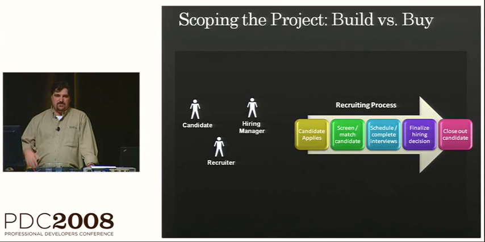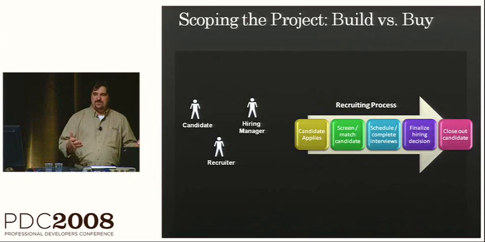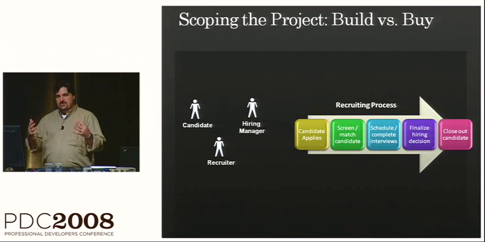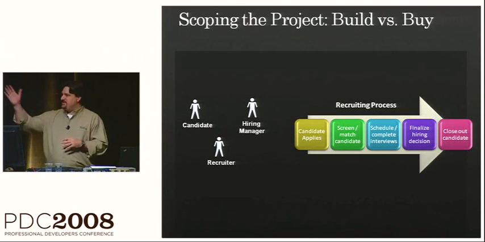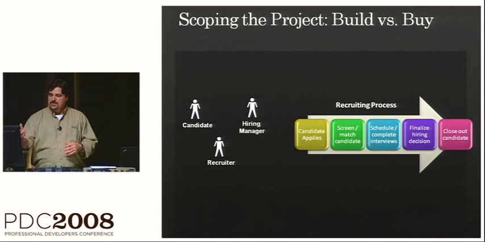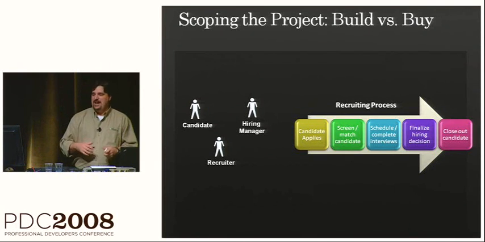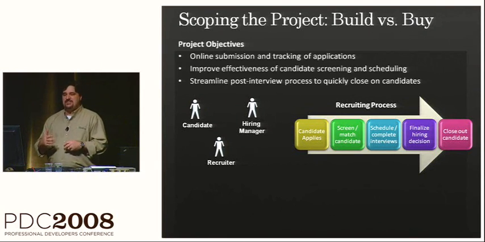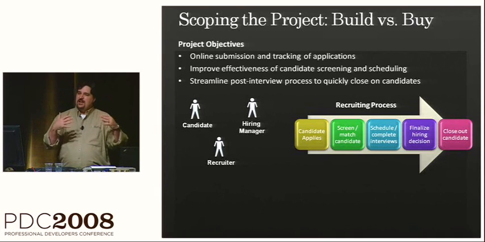You can go down to raw SQL, you can go to .NET. You can spend your time building things from the very ground up, right? What are you doing when you're trying to do that? Well, you're trying to support a business process. So in this case, we see a recruiting process with potentially multiple roles that come into play: a candidate, a recruiter, a hiring manager. But what are you trying to actually get done? Right? You're trying to automate the business.